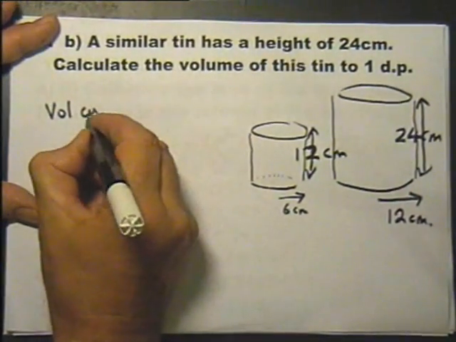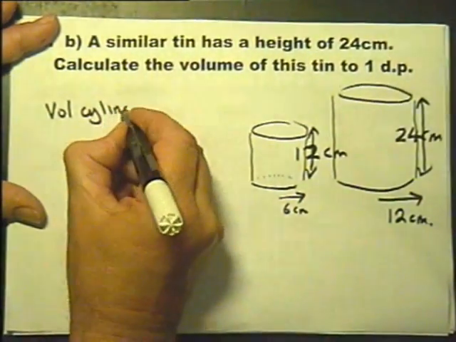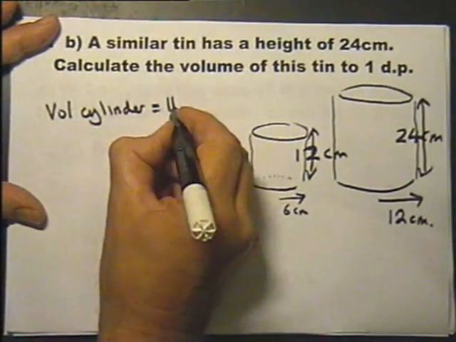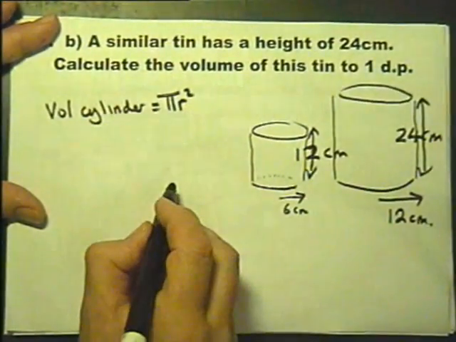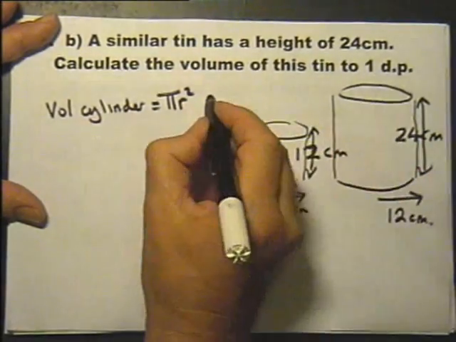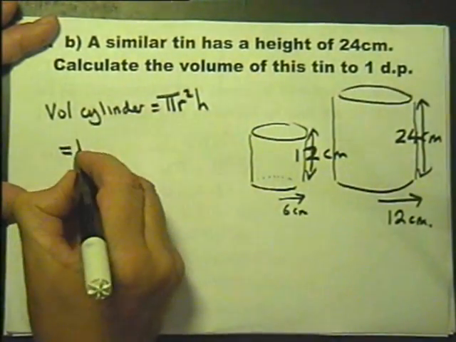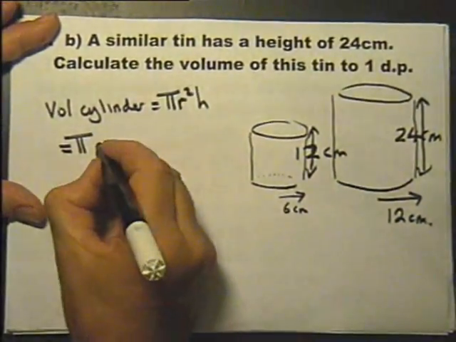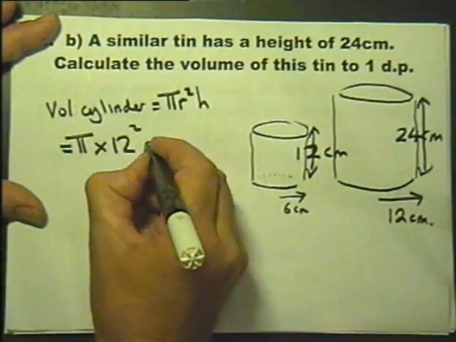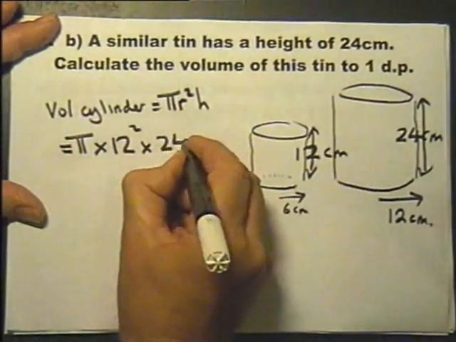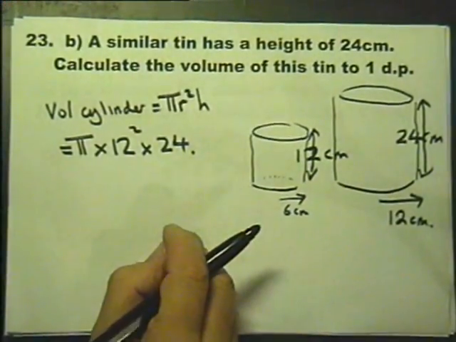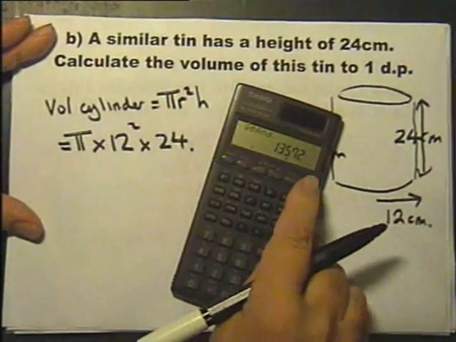We can actually use the volume of a cylinder, which is pi r squared, the area of the circle, multiplied by the height, and use our new dimensions. So we've got to multiply by 12 squared and multiply by the height. So let's see what we get with that.